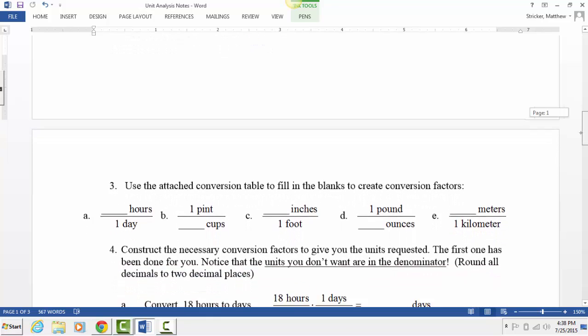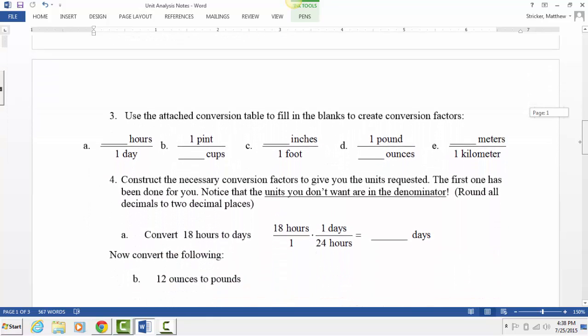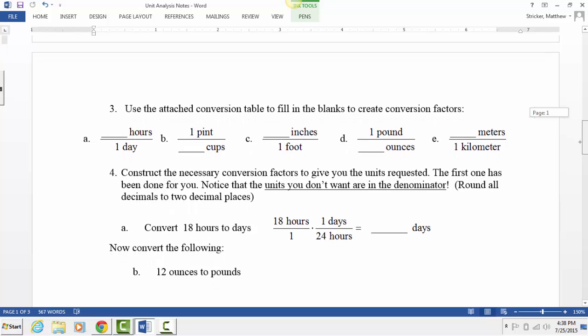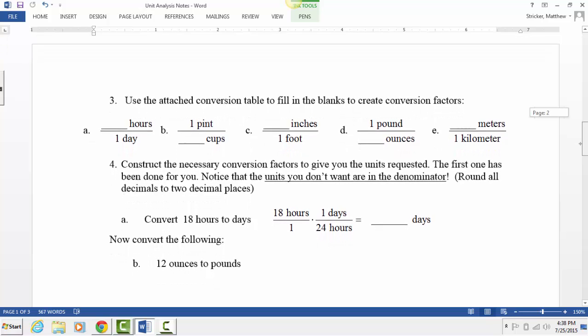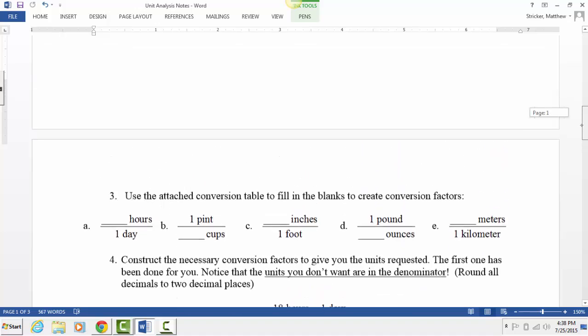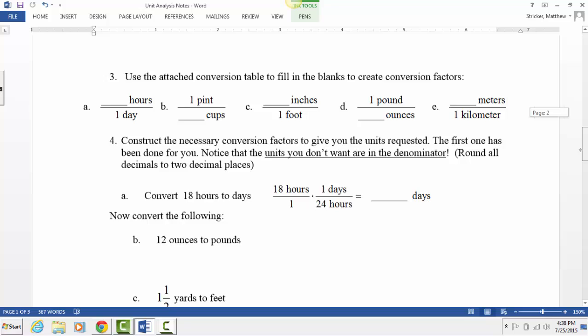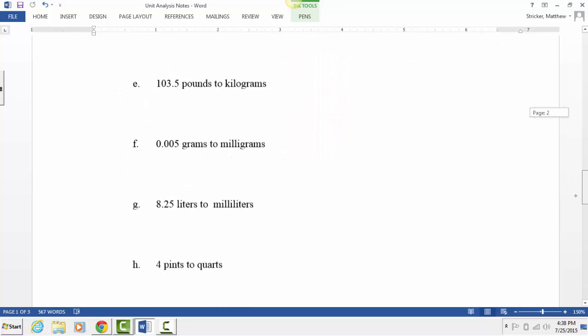So, question 3 says, use the attached conversion table to fill in the blanks to create conversion factors. On the back page of your notes, you're going to see a chart here.